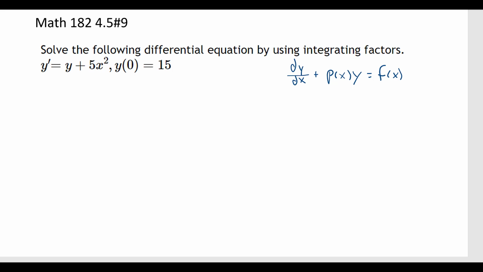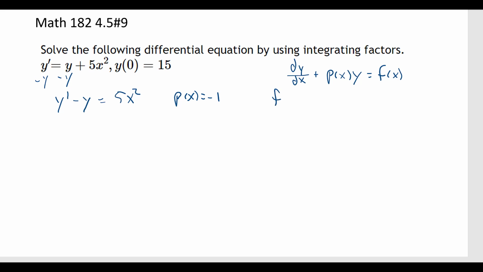So if we were to take this and subtract the y from both sides, we'd have y prime minus y equals 5x squared. And in that, following this pattern, the p of x must be -1.